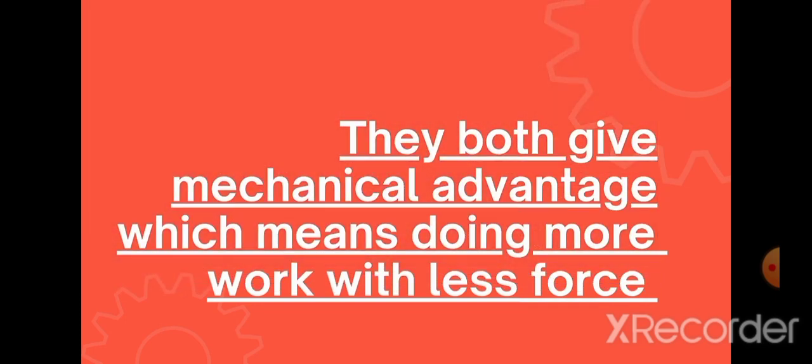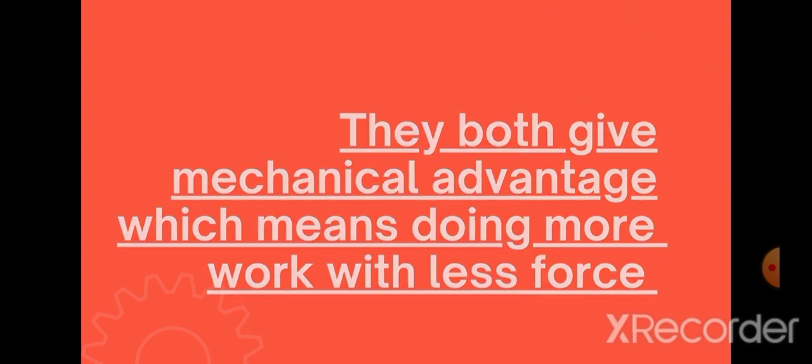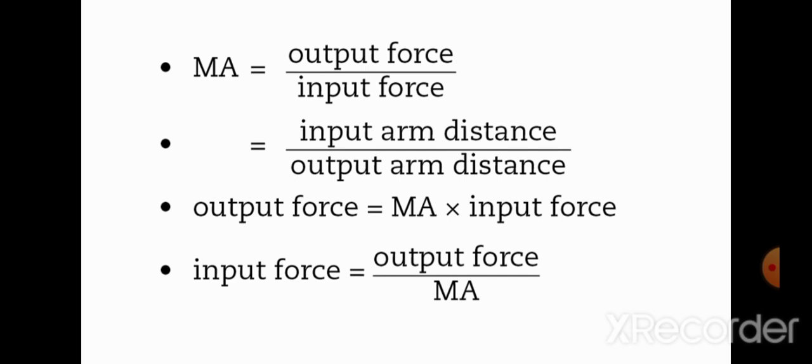Like a pulley, the gear also gives mechanical advantage, which means it's able to do more work with less force. And this mechanical advantage can be calculated by dividing the output force by the input force.